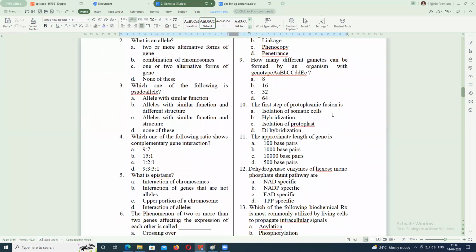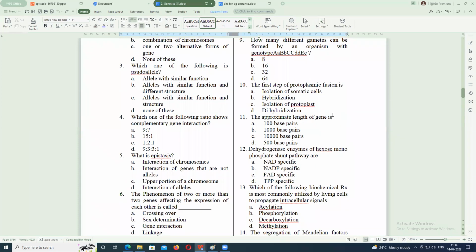Next bit. First step of protoplast fusion is isolation of protoplast. That means you remove the cell wall and then fuse it. What is the first step? Isolation of protoplast. Okay. Next, the approximate length of a gene is 1000 base pairs.